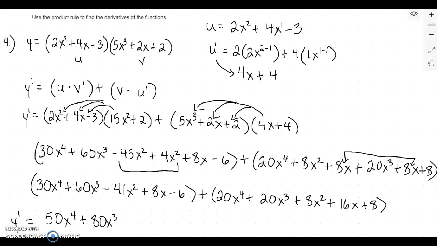I have negative 41x squared here and positive 8x squared here, so minus 33x squared. 8x and 16x here, so plus 24x. And then negative 6 and positive 8, which will leave us with positive 2. And there is the derivative of my original function.